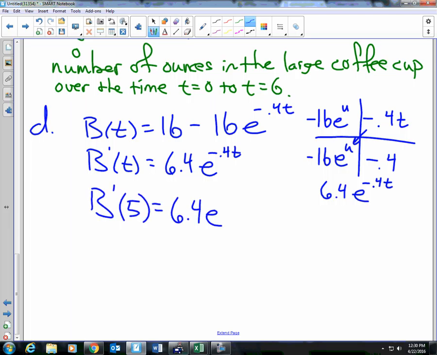If I plug in 5, what is negative 0.4 times 5? Negative 2. So 6.4 over e squared. What is my label? I'm looking for a rate. Ounces.